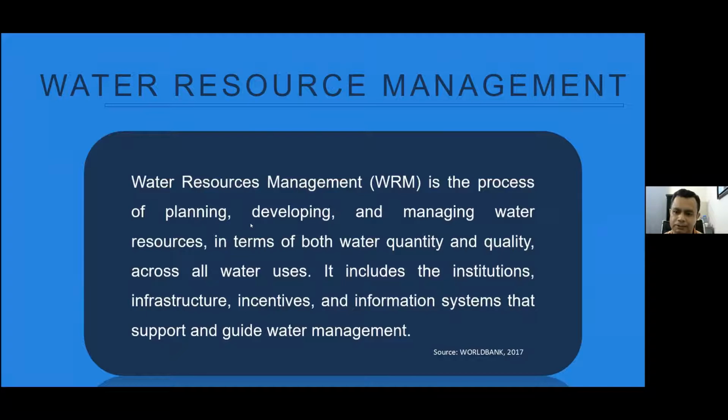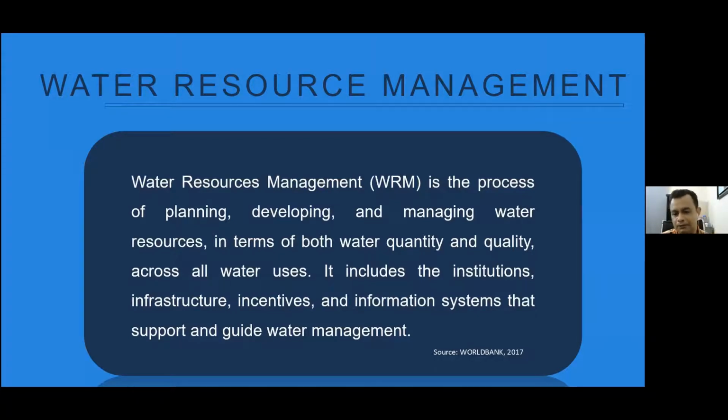Water resource management is the process of planning, developing, and managing resources in terms of both quantity and quality across all water users. It also includes the institutions, the infrastructure, incentives, and information systems that support and guide water management.